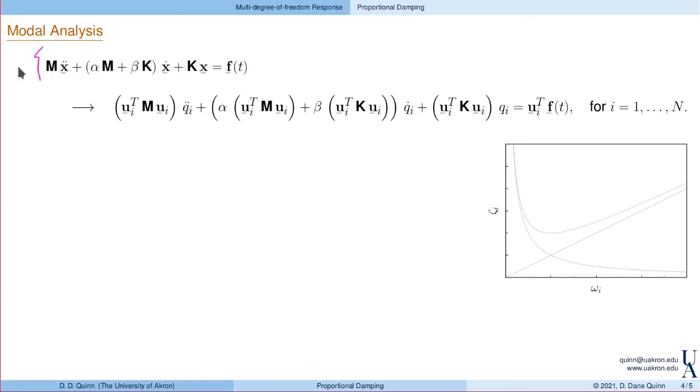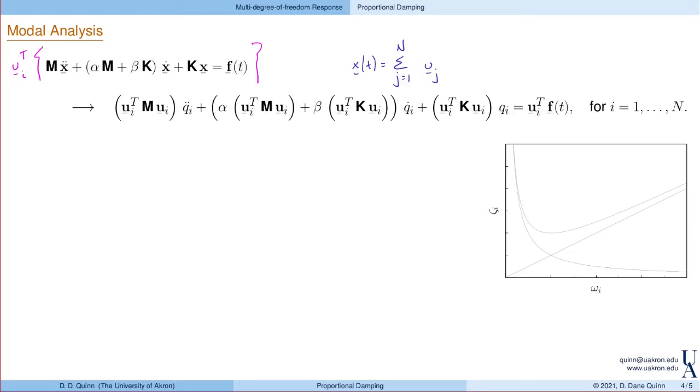And for modal analysis, remember, we'll take an eigenvector, its transpose, and multiply it through. The reason that this is convenient is because we can also write the solution as a sum of the individual modes, right? So let's say j is equal to from 1 to n. Maybe this is an n degree of freedom system.